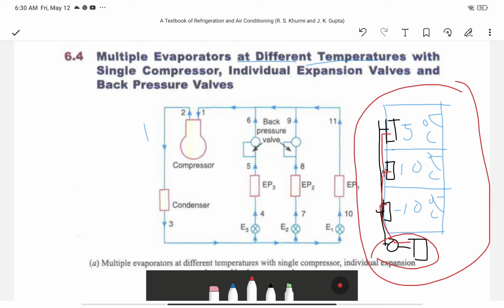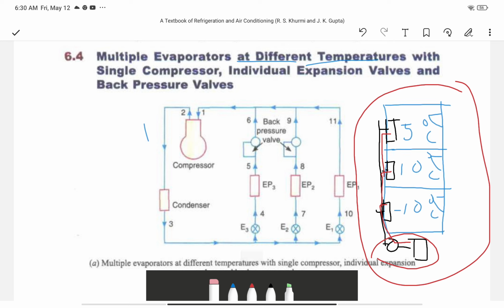Here we have the same type as the previous one, but in the previous one you had one expansion valve that controls the pressure of evaporators 1, 2, and 3. Here it is different.